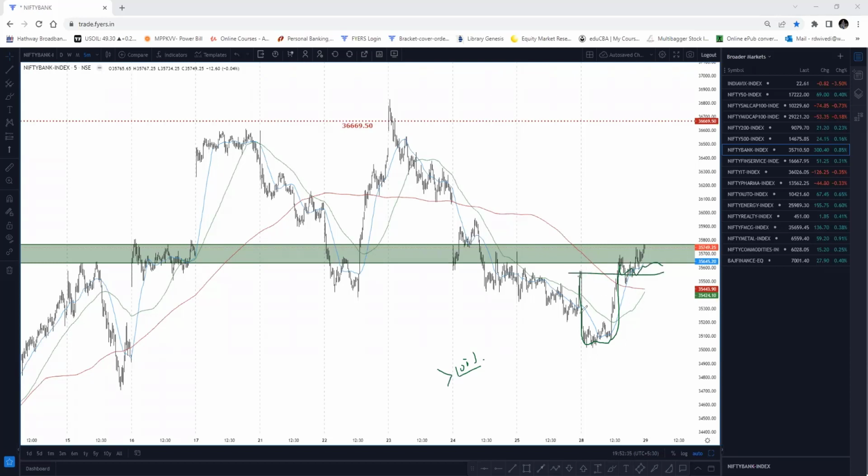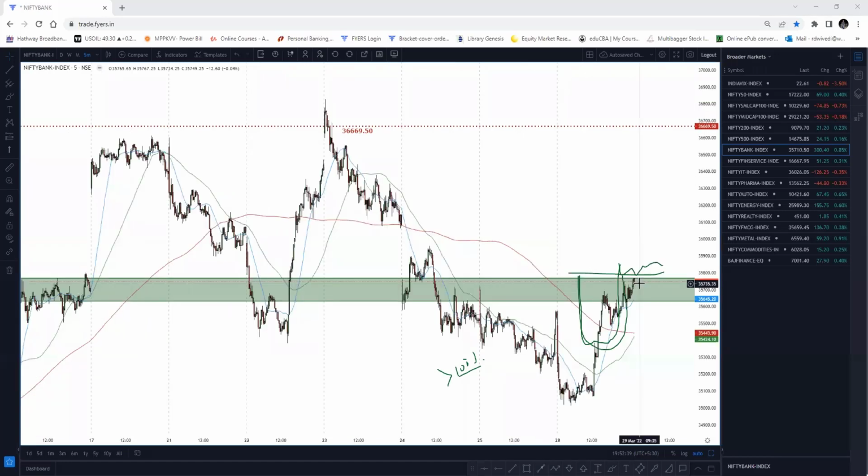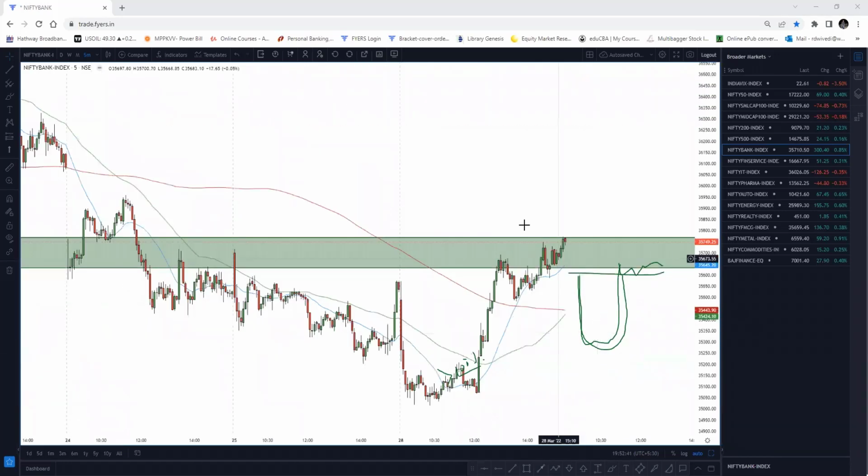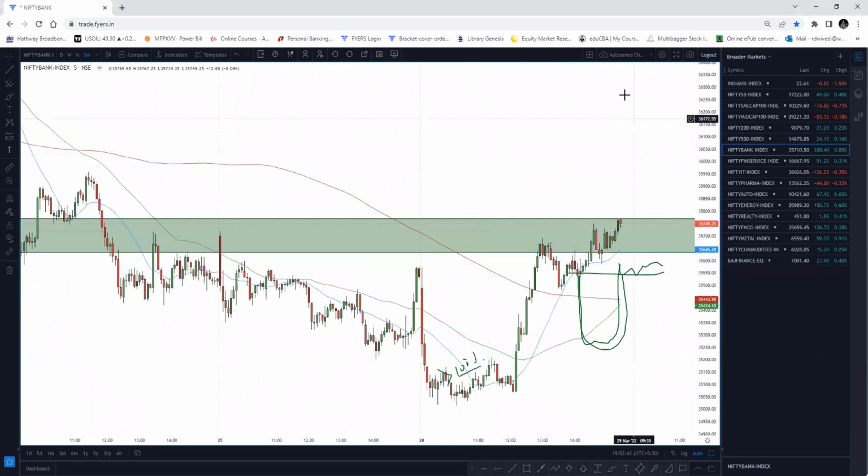And this is what has happened. We have the 100% retracement of this move here, and then prices did consolidate and then moved back up.